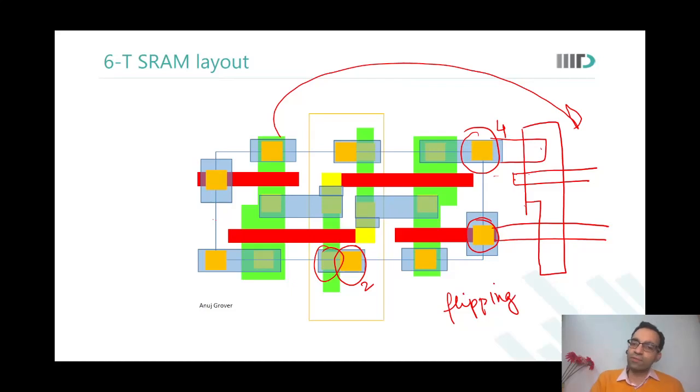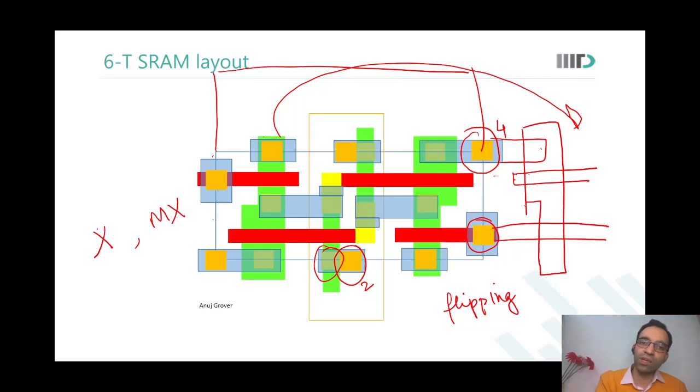So the way it is referred to is, the original cell, let us say, is called X configuration. When I mirror it, I call that MX configuration, mirrored X. The cell over here would be mirrored on the y-axis, so it would be called MY.